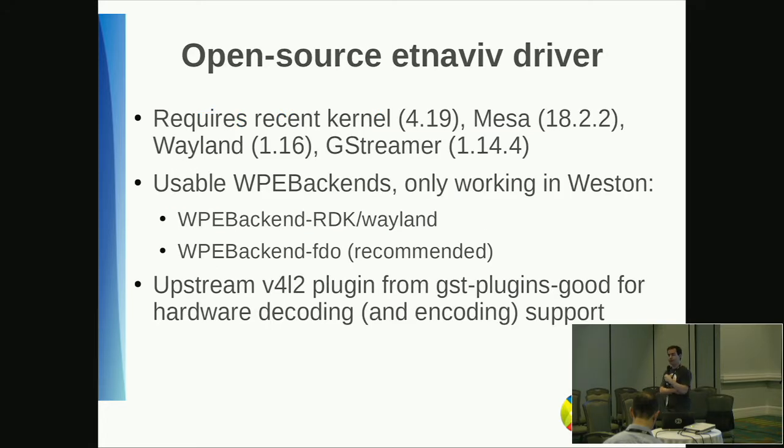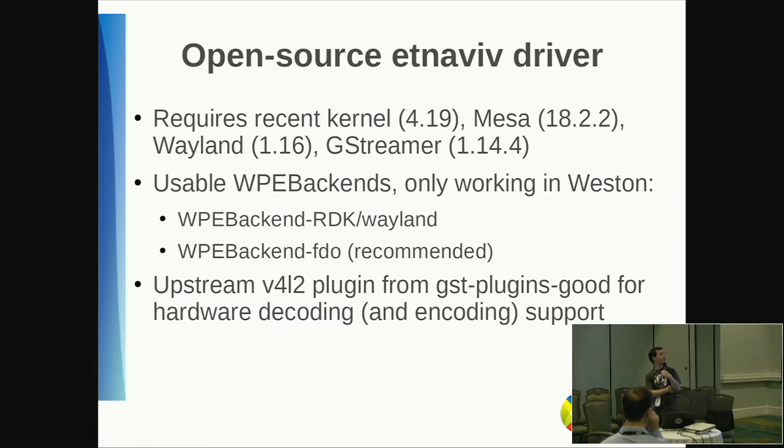What we've been using is the Etnaviv driver. You could also use the Vivante driver, but I don't see any reason for that at this point, because Etnaviv provides all the features we need, and the efforts made by the community to reverse engineer the Vivante driver are really useful. So you need a recent kernel.